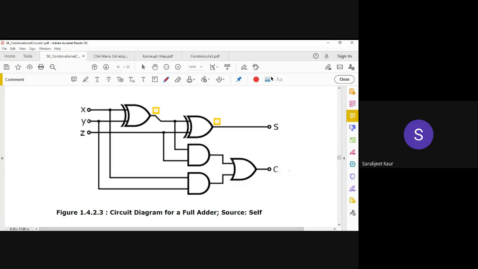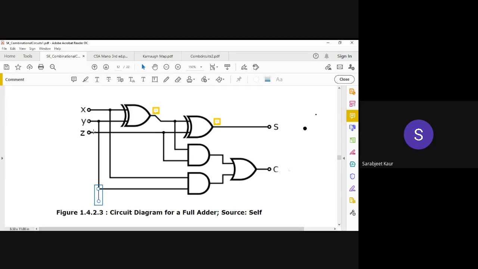Let's see if there is a line tool here. So y and z.